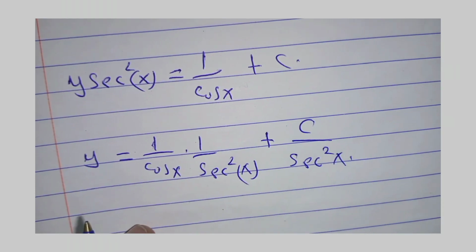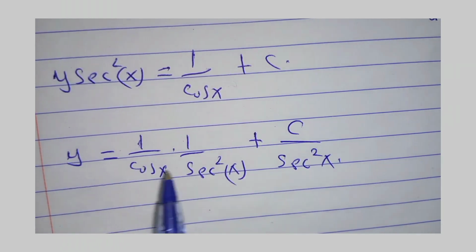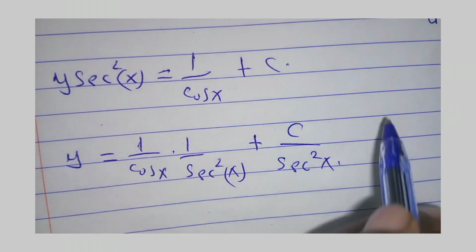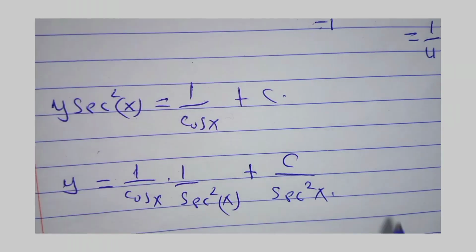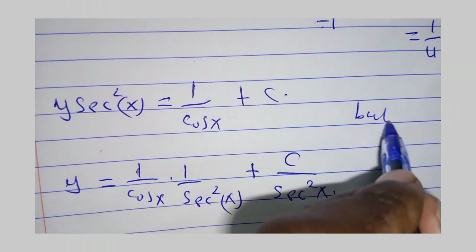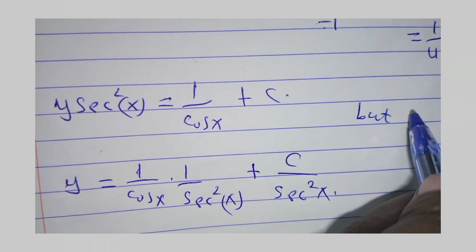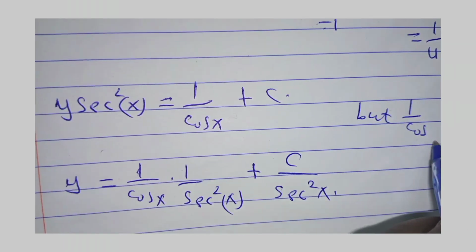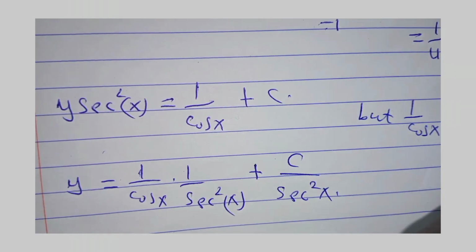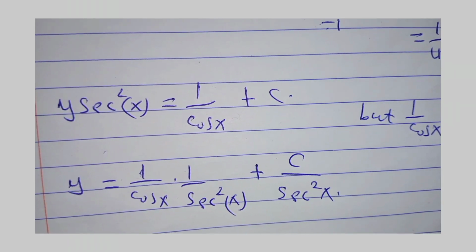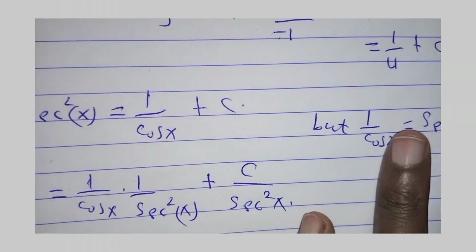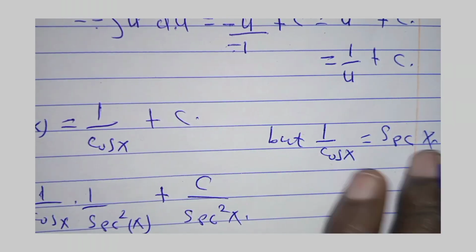We have divided both sides by sec squared of x, but we are going to make use of this simple rule, that 1 over cos x is the same as sec of x. So this is what we are going to employ.